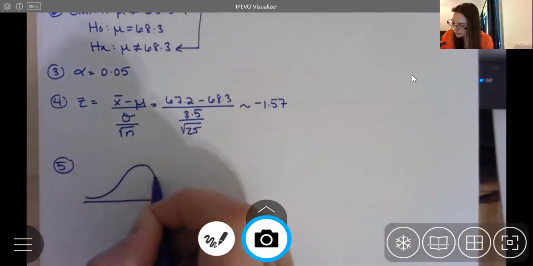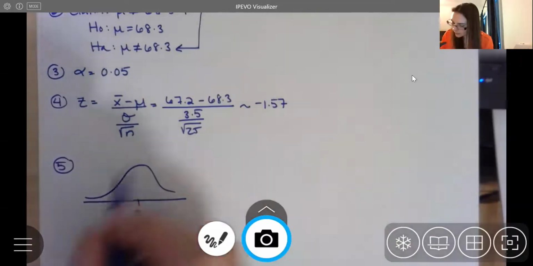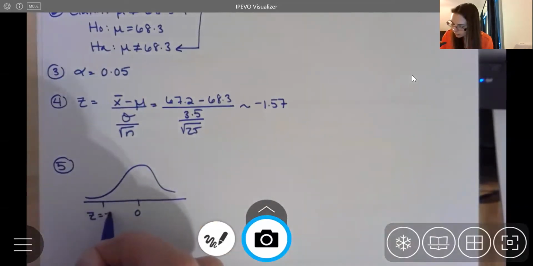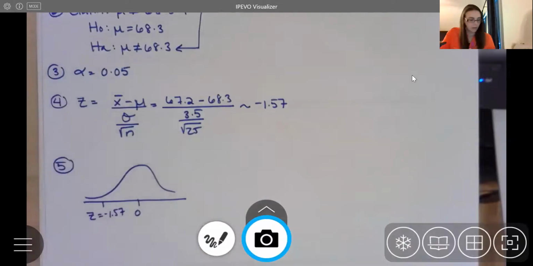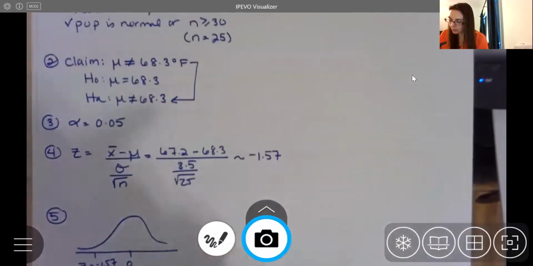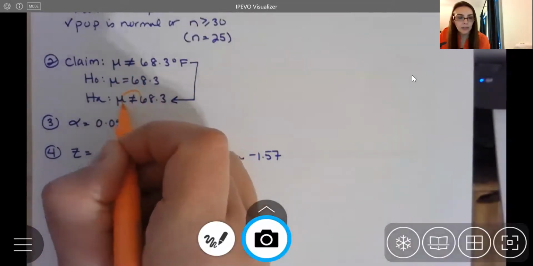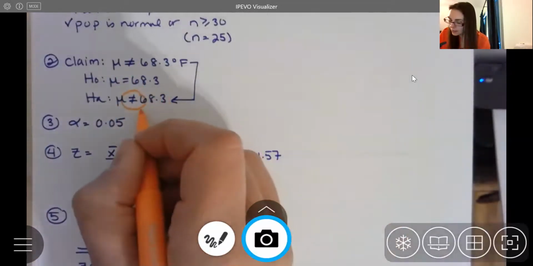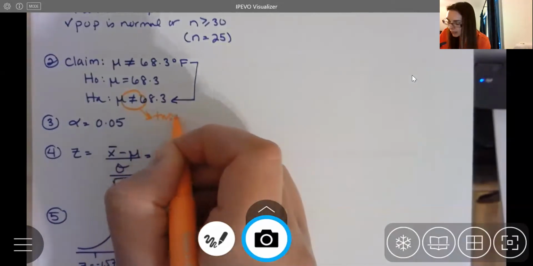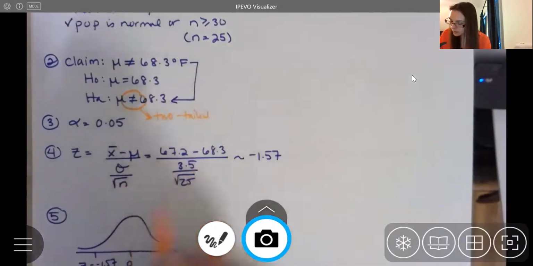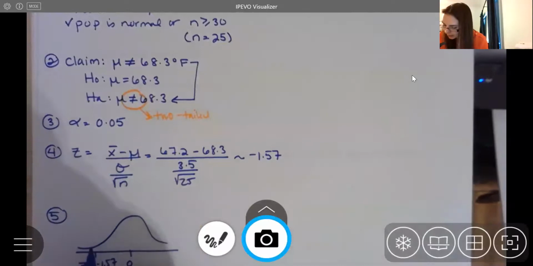Now I'm using z values, so my center is at 0. This value is negative. And we're going to just double check this. We're looking at not equals here, so this means that I have a two-tailed test. You want to make sure you check that it's two-tailed.